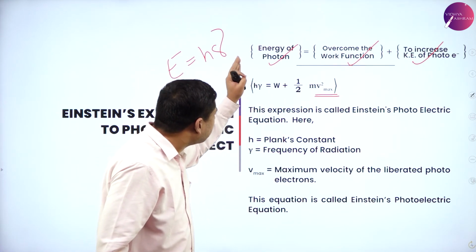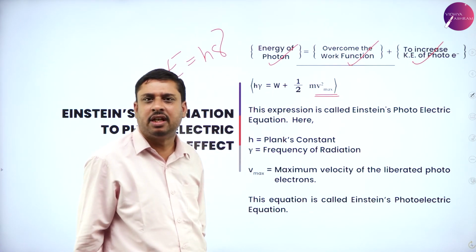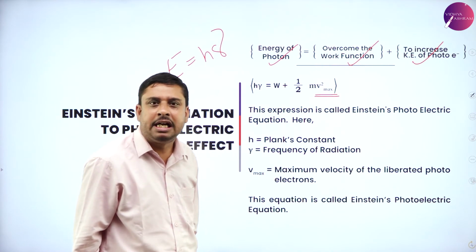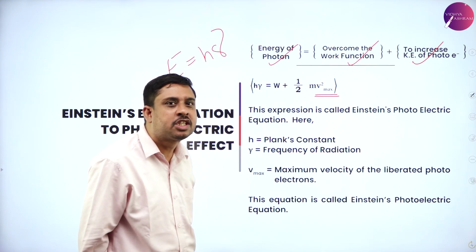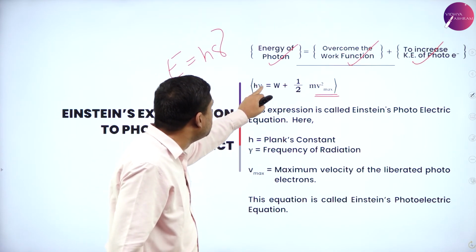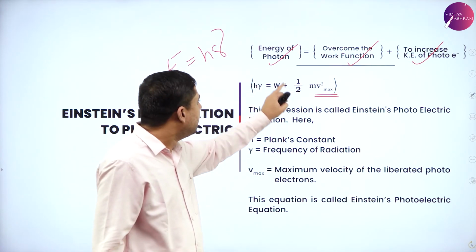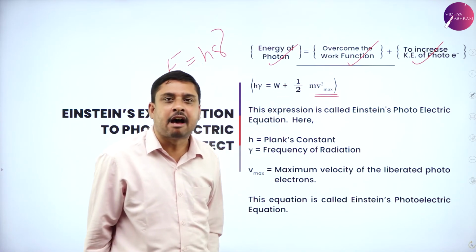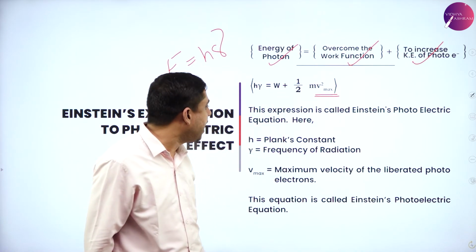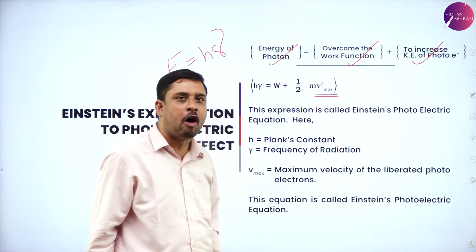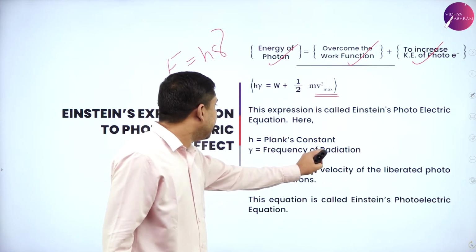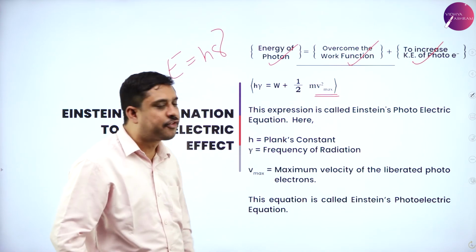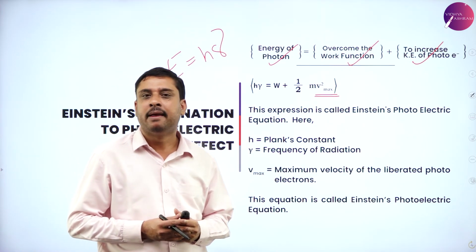And this classical expression is called Einstein's photoelectric equation. What is that? h nu equals W plus half mv square max. h is called Planck's constant. Nu is the frequency of radiations.